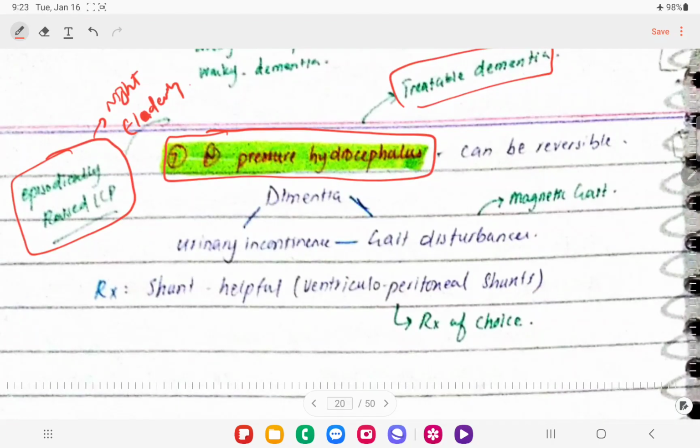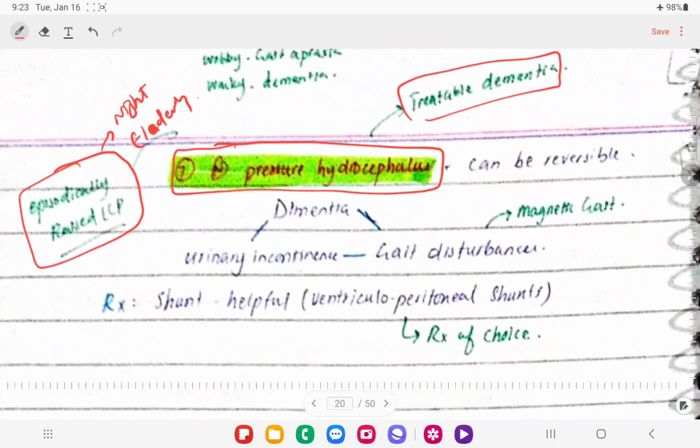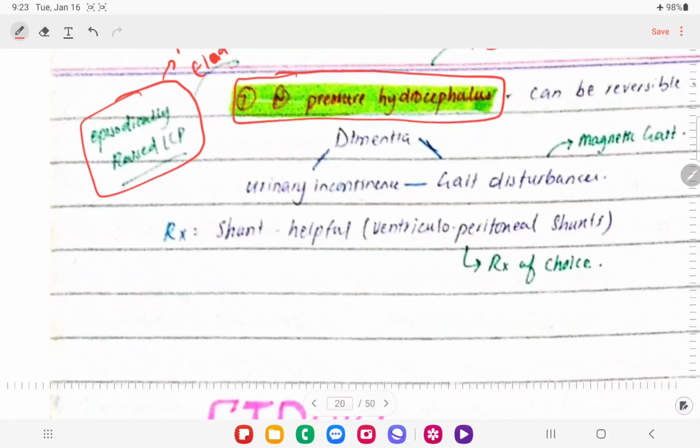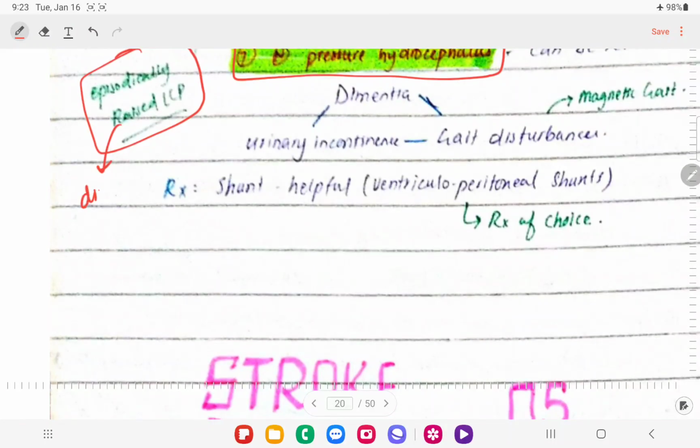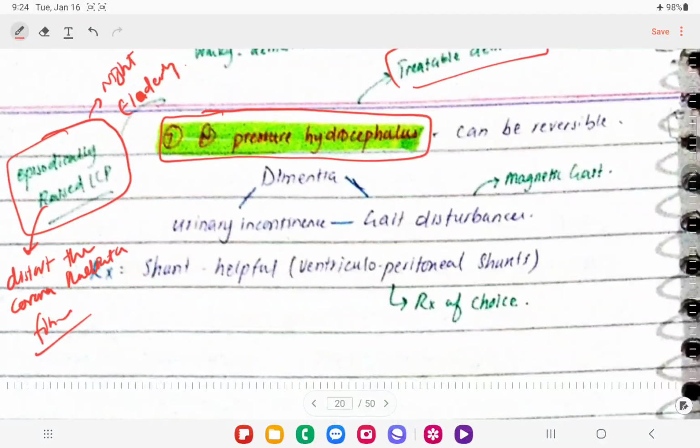What happens actually when there is raised ICP? It is going to distort the corona radiata fibers, right? So that's how we are going to get these manifestations.